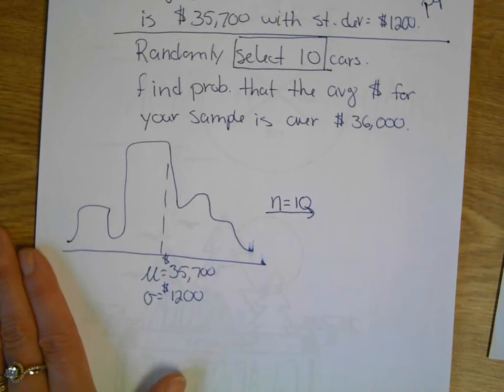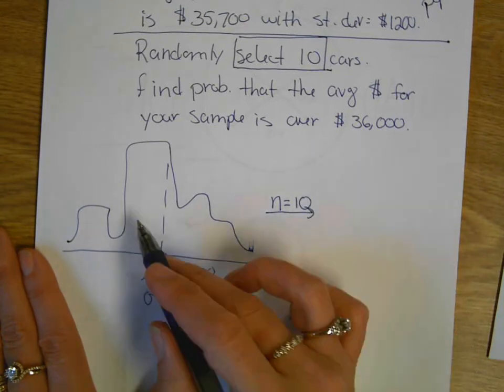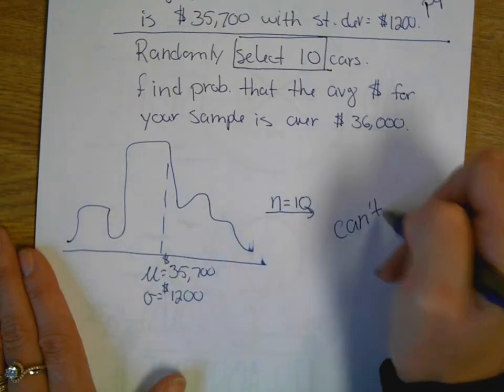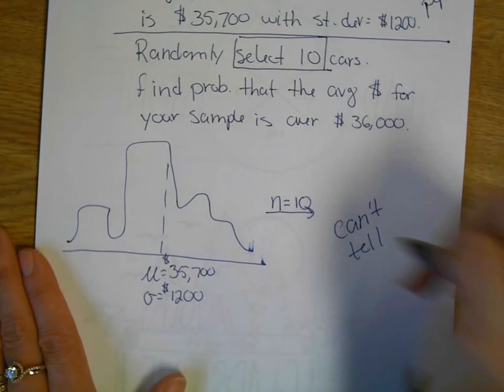What do I know about the sampling distribution shape? I don't know for sure that it's going to be normal because I didn't hit the magic number 30 from a non-normal population. So I can't tell what this is.